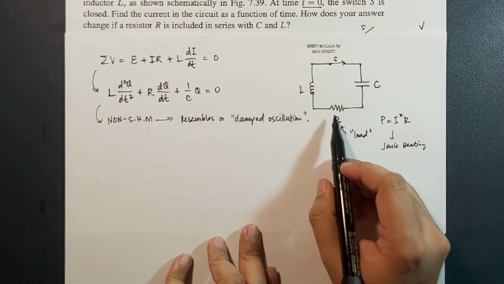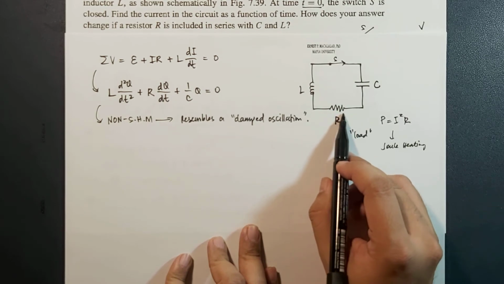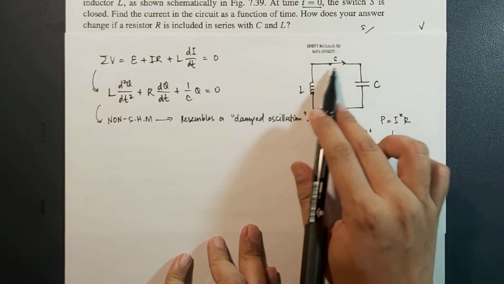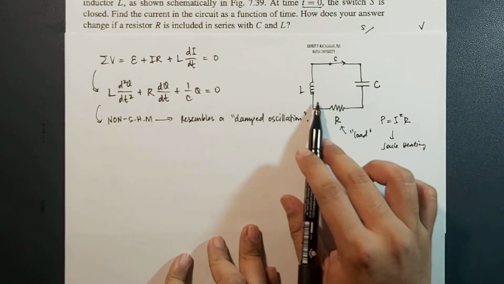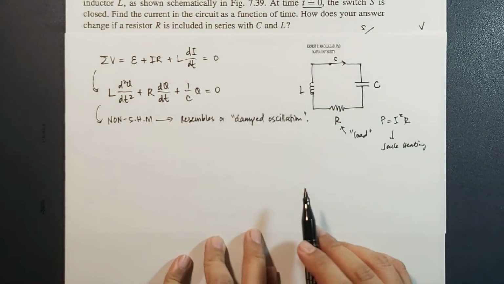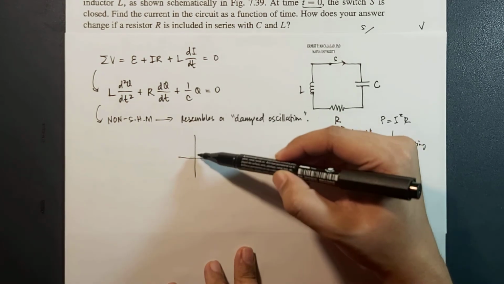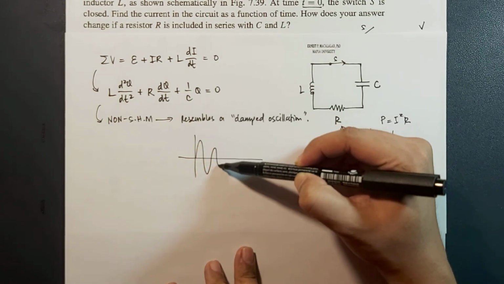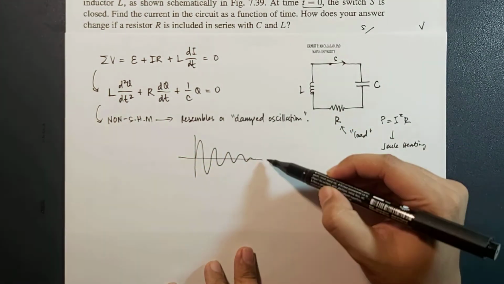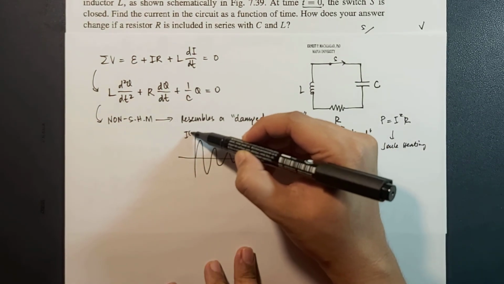Energy is dissipated in the resistor, thereby slowly decreasing the amount of current flowing through the circuit. If we graph that, it would look something like this. So this is a damped oscillation.